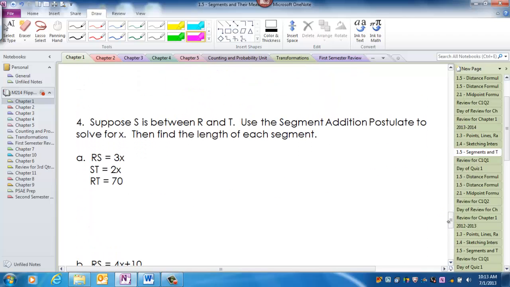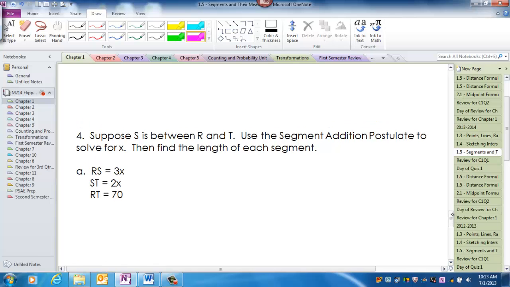Okay, last one, little bonus question for us. Okay, let's start off. Suppose S is between R and T. So let's draw that picture right off the bat. Okay, we've got a line, and if S is going to be between R and T, they all have to be on the same line.